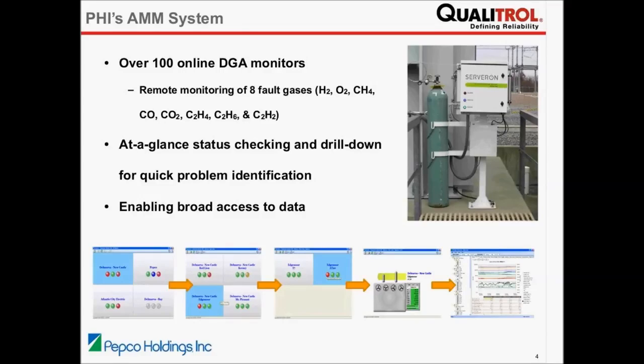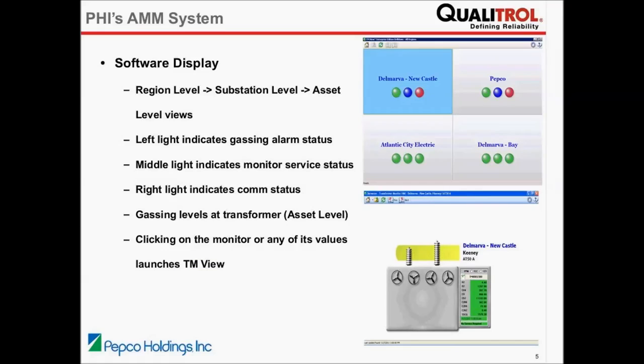The software they used was very simple. The user interface was a region level view which showed all the transformers of that particular region, then a substation level view, and then an asset level view. In region level and substation level views, they had simple 3 alarm lights.